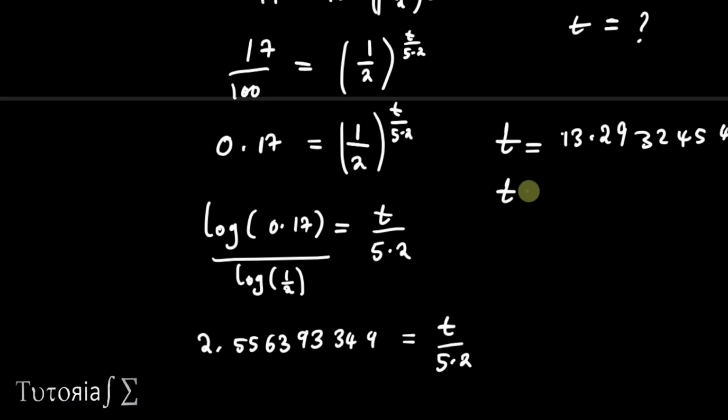Then now you can say time is approximately, to 2 decimal places, 13.29. Then what is the time in? Is it in days, hours, minutes, or seconds? Time is in years. So that would be years.